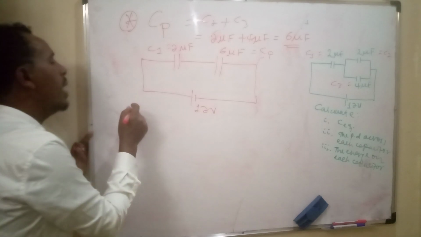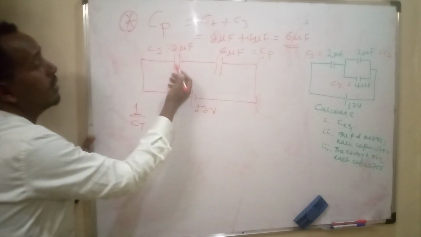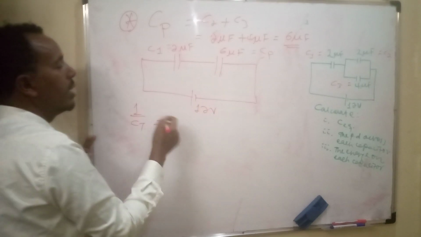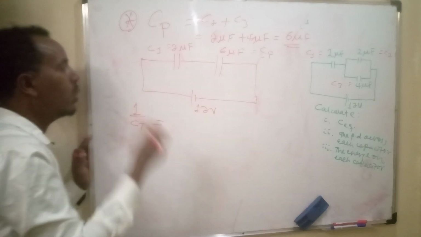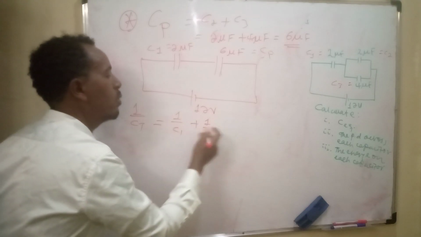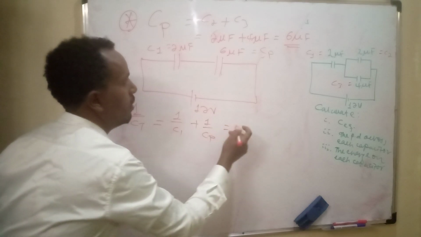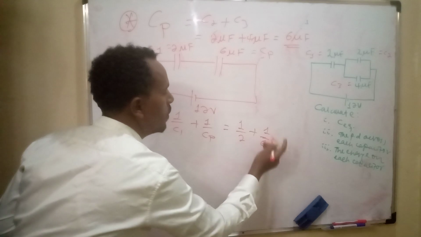Therefore, for 1 over the total capacitance of the circuit, since these two are in series, we apply the mathematical expression for series connection: 1 over C1 plus 1 over C parallel, which is equal to 1 over 2 plus 1 over 6.